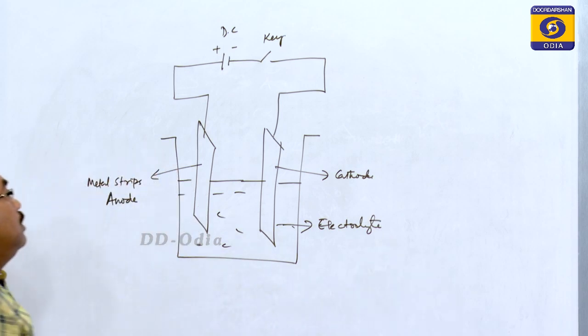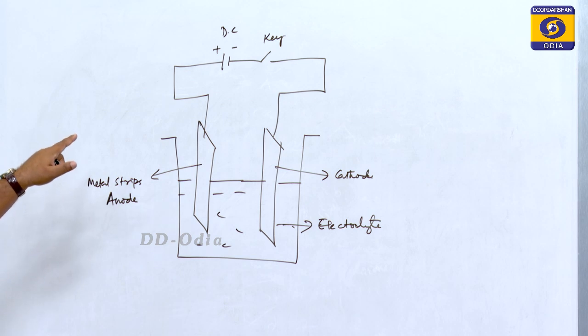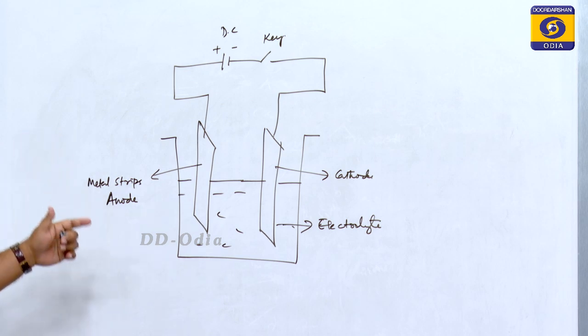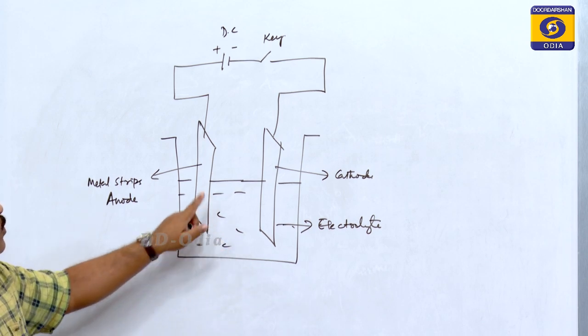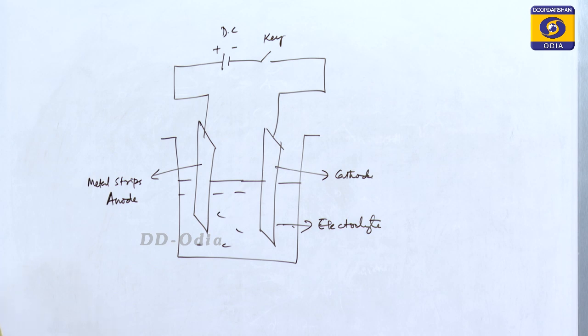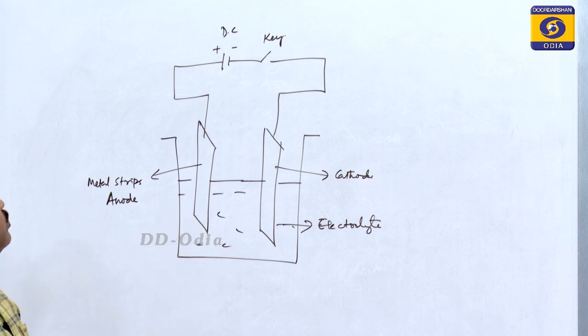This solution is called the electrolyte. When the key is switched on, charge flows through the solution, and the ions inside the solution move towards the respective electrodes. Anions move towards the anode and cations move towards the cathode, and they get discharged.